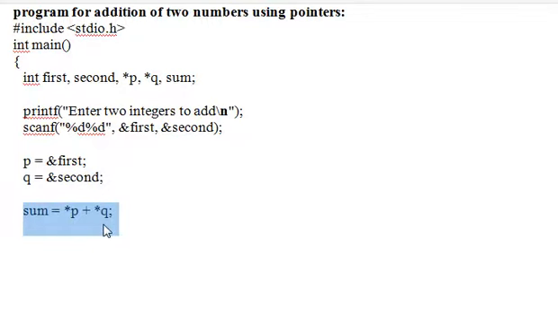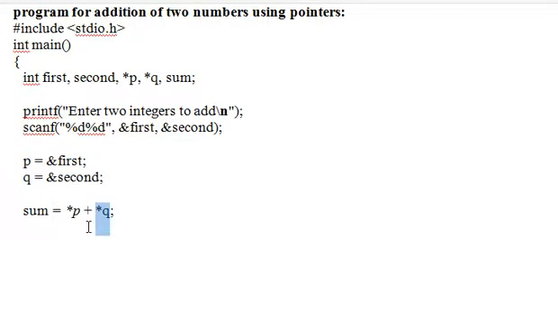Next, *q. In q it is having the address of the second variable. When we are giving *q, it gives the value from the address of the second variable. So it gives the second value. *p gives the first value and *q gives the second value.